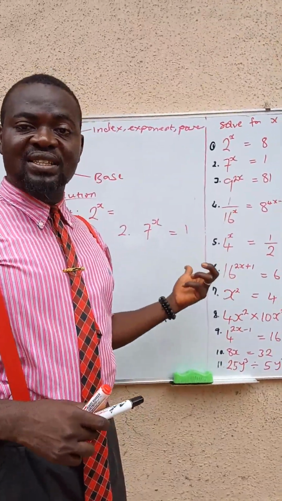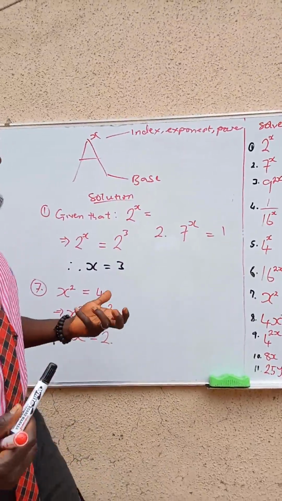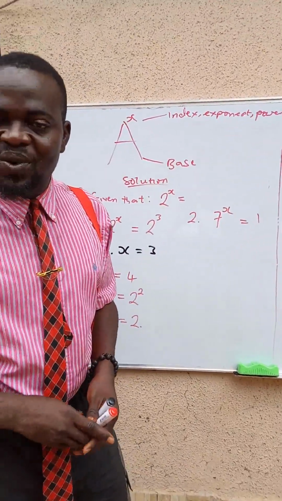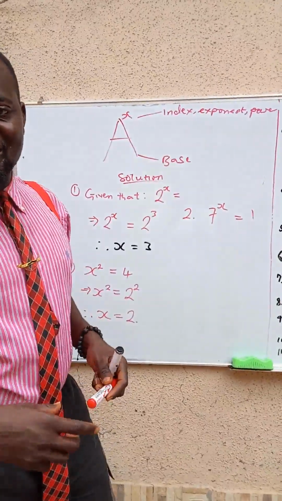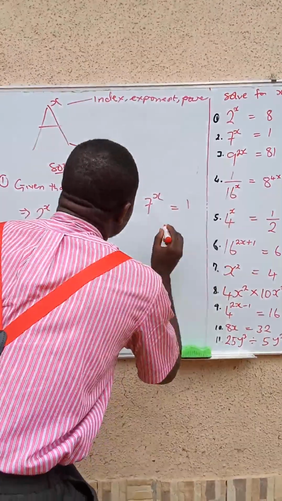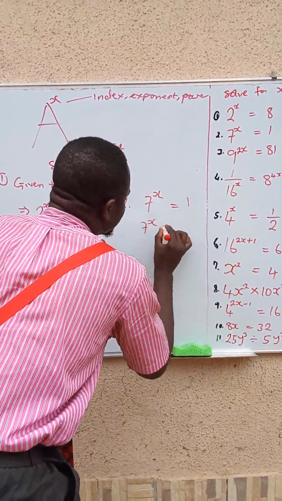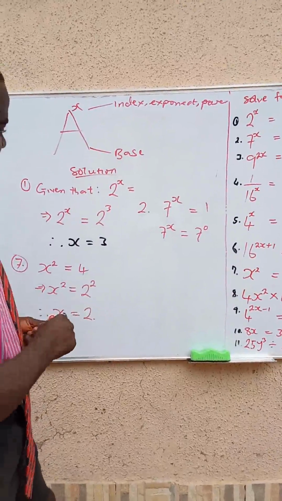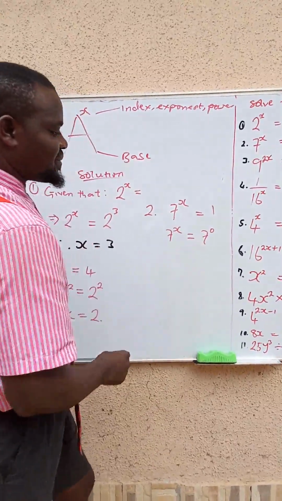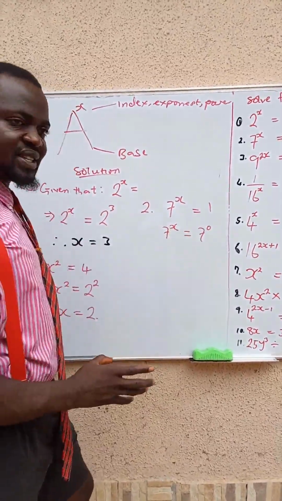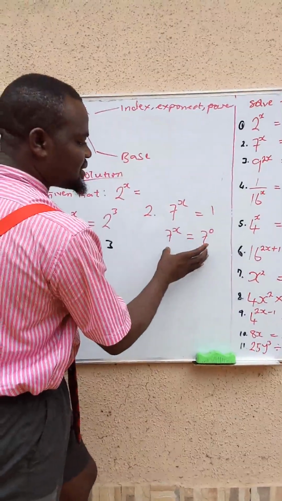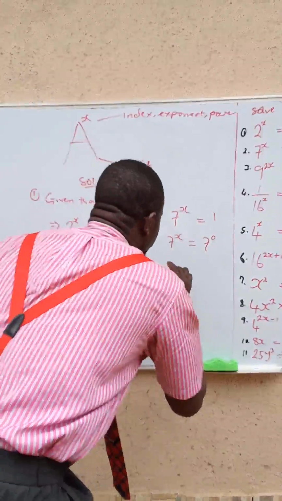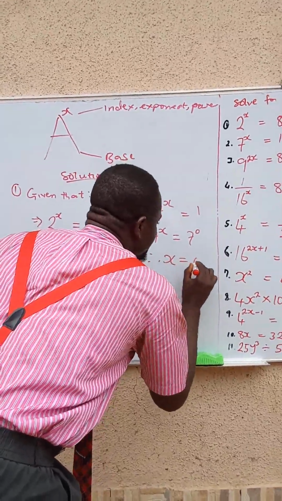So for me to balance this so that the bases can be the same, I will apply what we call indices. And that is mathematics for you. So this simply means 7 raised to the power of x is equal to 7 raised to the power of 0. In this case, the 7 here is the same as the 7 here, but the powers are different. But since the base is the same, I will equate the power. Therefore, x is equal to 0.